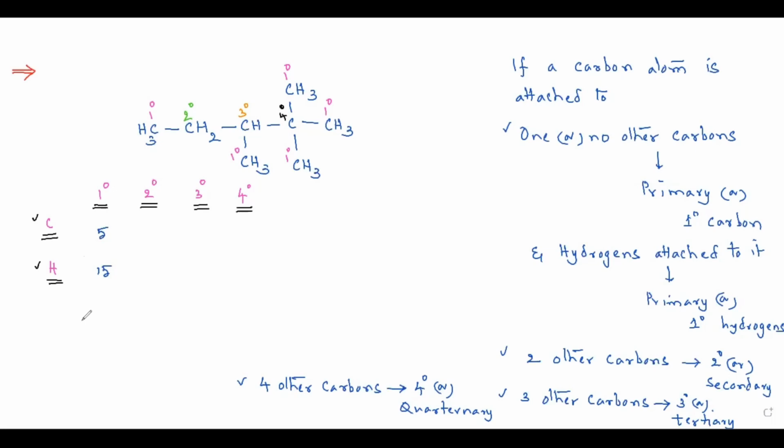Then coming to the secondary carbons, I just got one carbon, this one, and it has 2 hydrogens attached. Even there is just one tertiary carbon, it has just one hydrogen attached. One quaternary, but no hydrogens attached. This is the overall summary.